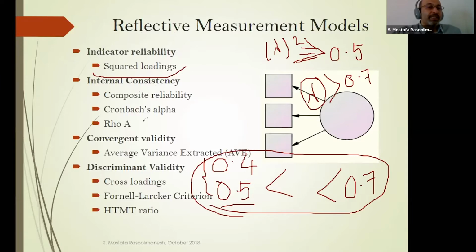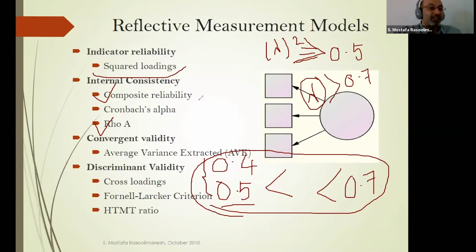The second one is construct reliability. For construct reliability or internal consistency, we have 3 criteria: composite reliability, Cronbach's alpha, and rho A. You have to report at least 2 of these criteria. It's better to report composite reliability and rho A in PLS.